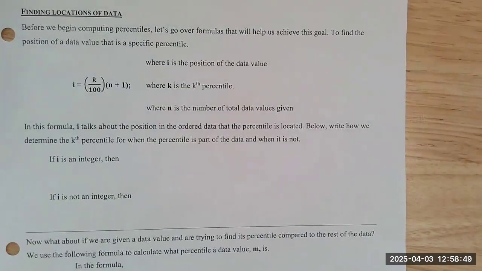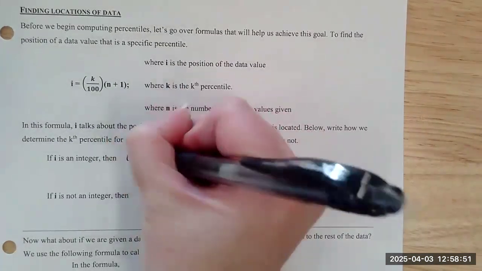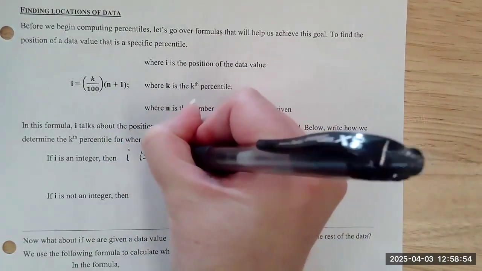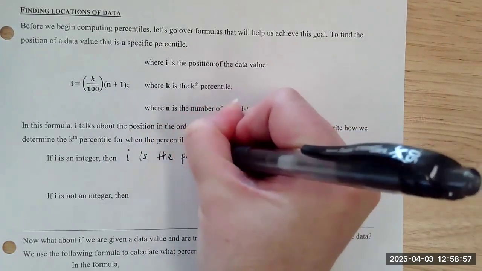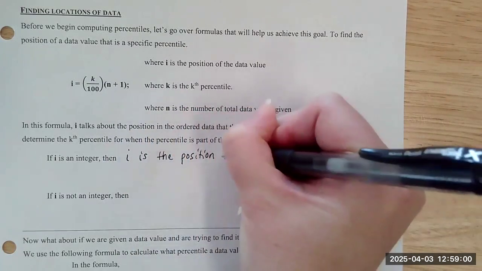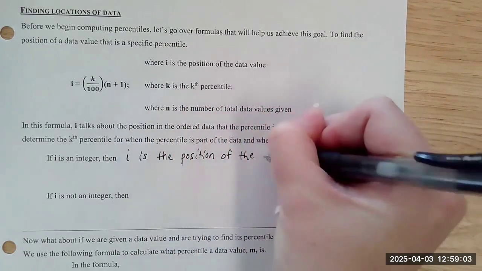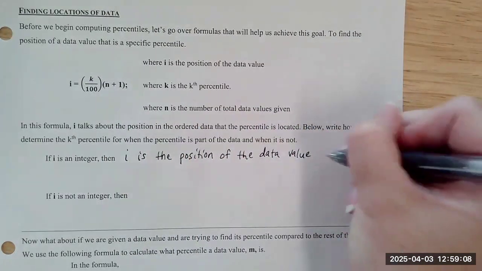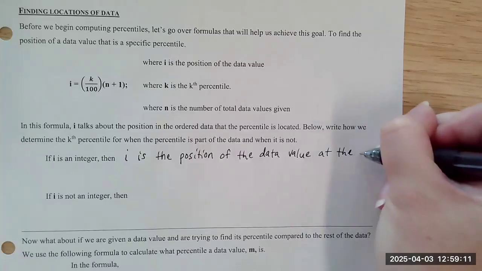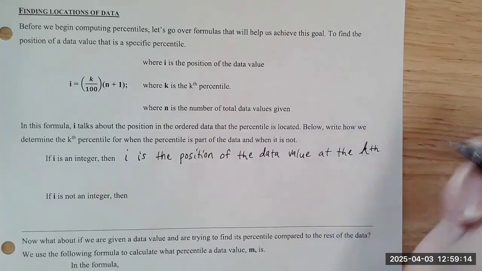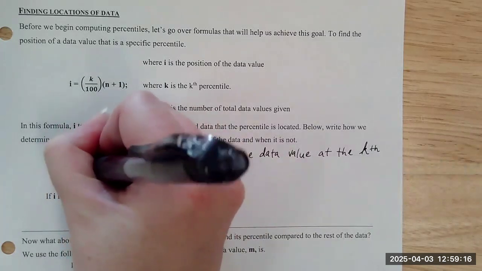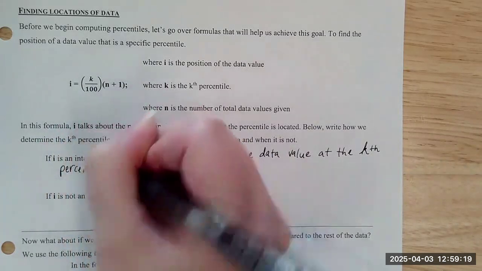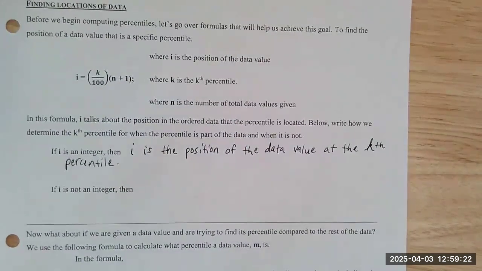So if it's actually an integer, then I is the position of the data value at the kth percentile. Sounds like the best case scenario. If it comes out to be an integer, then that actually is the position. You just count over to that I. If it's 15, you just count to the 15th number.